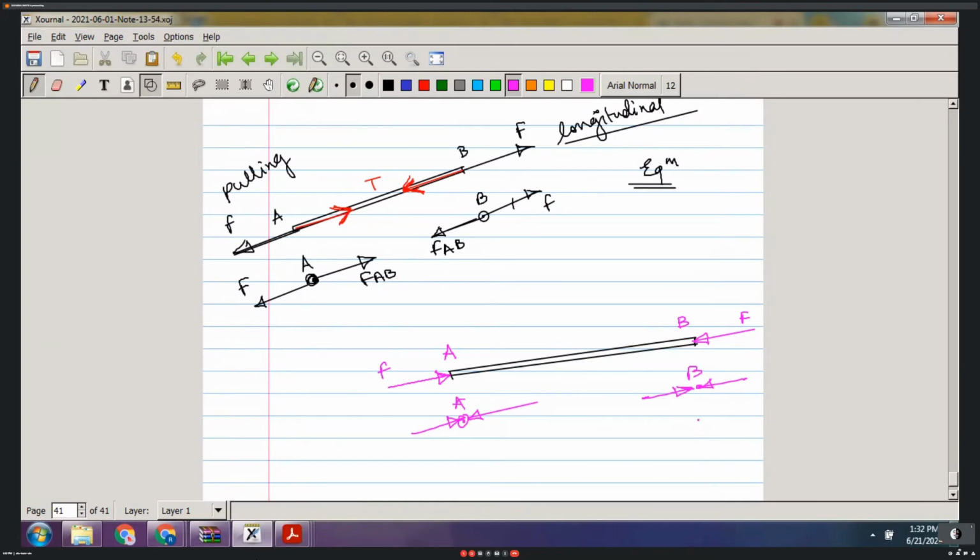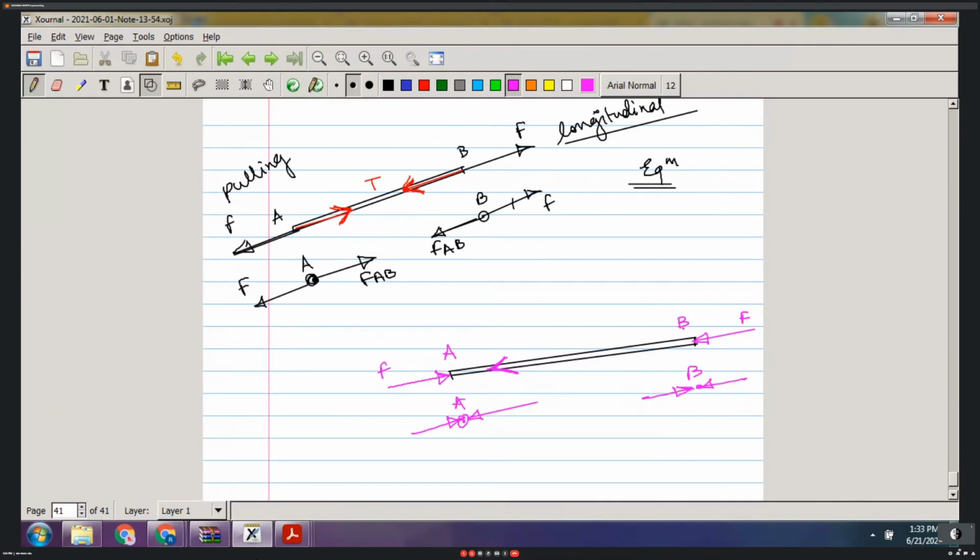Is that right? Yes, ma'am. So inside the member, when I want to say that my external F should be balanced by an internal force, obviously to balance this rightward force, there must be a force like this applied at joint A. Yes or no?